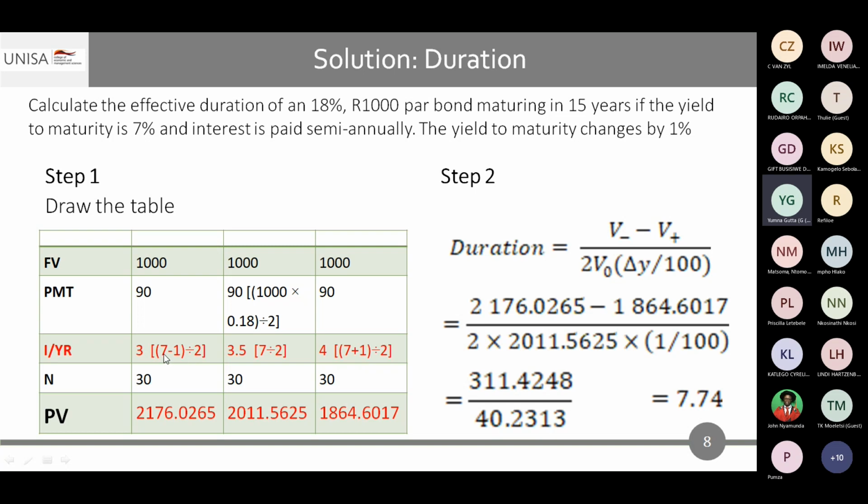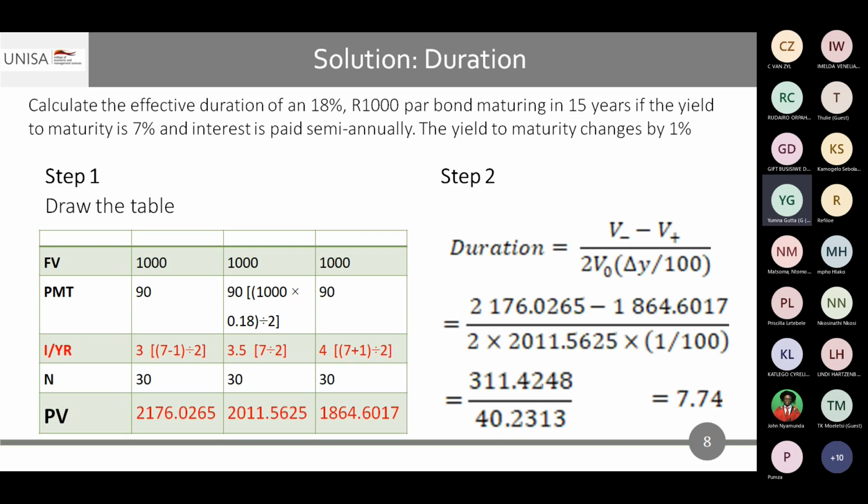So 7 minus 1 gives us 6, divided by 2 gives you 3%. In the middle we have no change: 7 divided by 2 gives you 3.5%. On the right-hand side, when we increase our yield to maturity by 1%, we say 7 plus 1 is 8%, divided by 2, which gives us 4%. Is there a question on there?